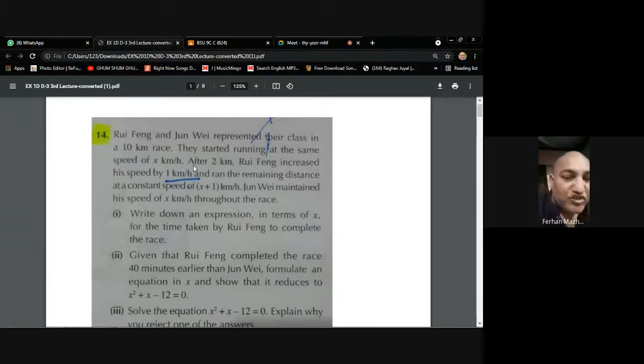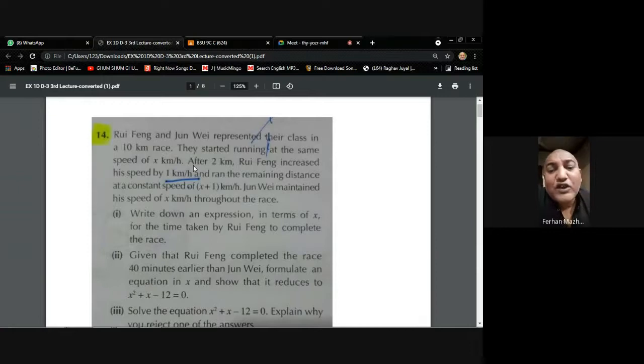The first portion is of 2 kilometers, and his speed is x kilometer per hour. And the second portion of the course will be 8 kilometers long, and his speed will be x plus 1 kilometer per hour.